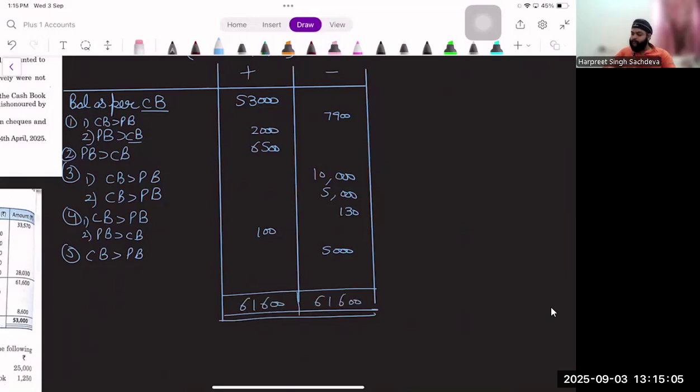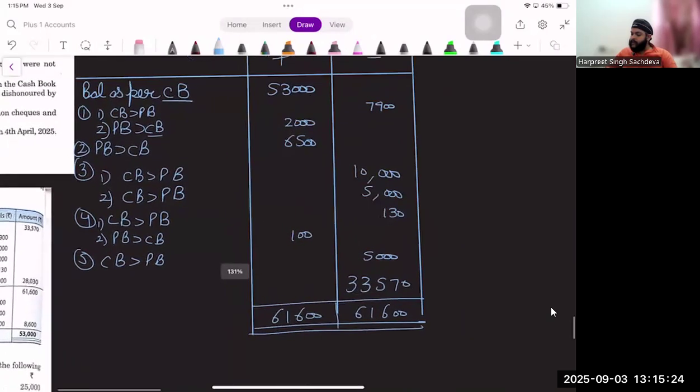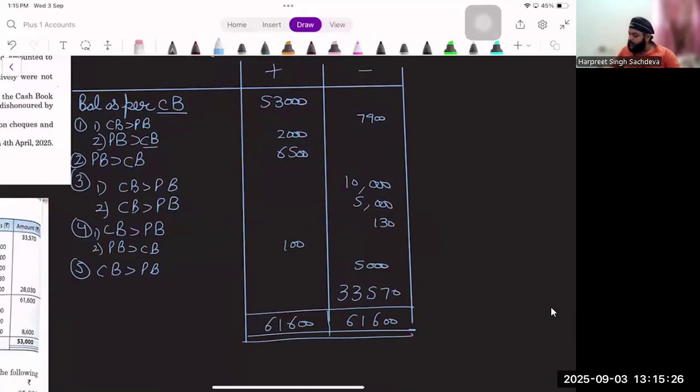Yes or no? So it's 33,570. We started with the positive side, ended on the negative side, sign change, nature same.